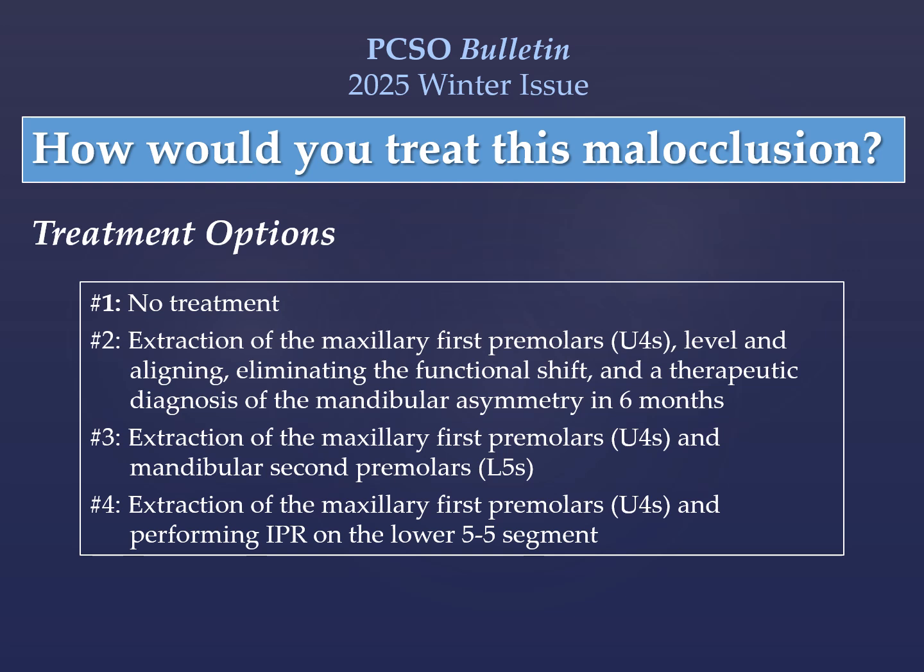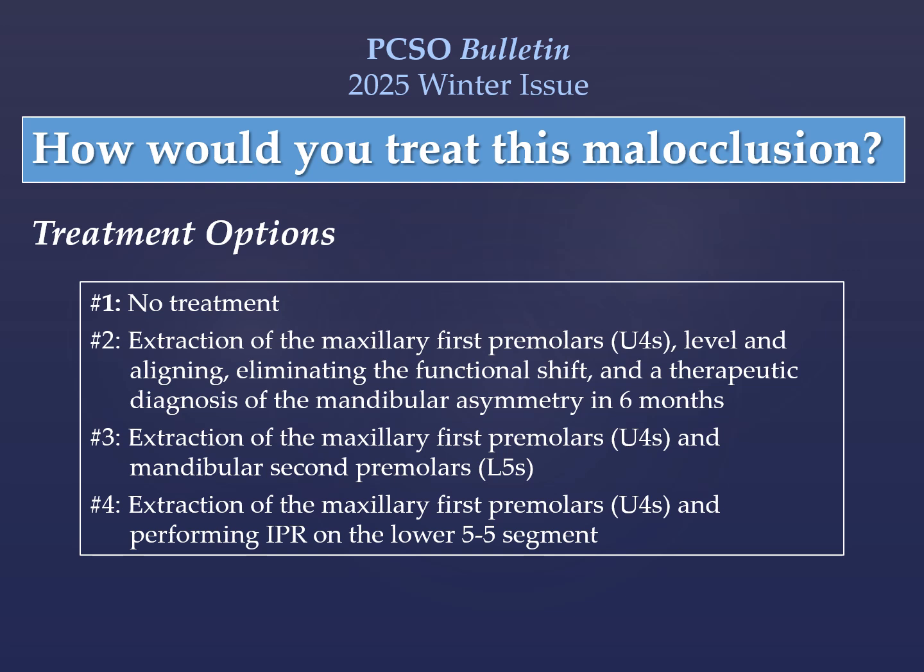And then the other 2 options did include using something like a pendulum appliance for anchorage and distalization of the maxillary first molars. And the final 6th option being using a functional appliance like a Forsus or class 2 elastics. Overall, the patient and parents were explained that those last 2 options were not great for this particular case due to the patient's high angle.